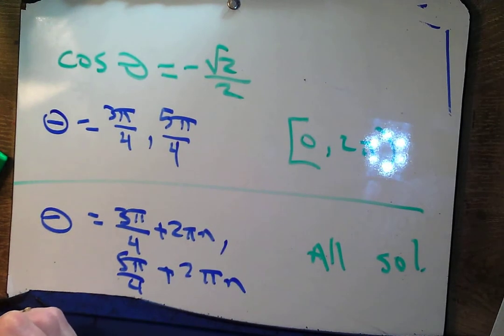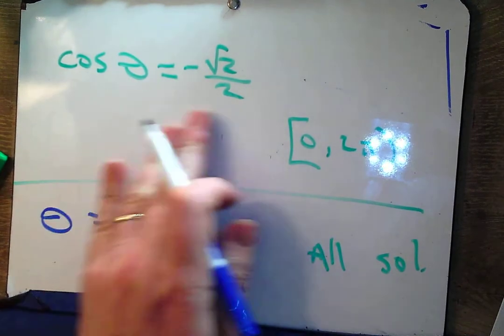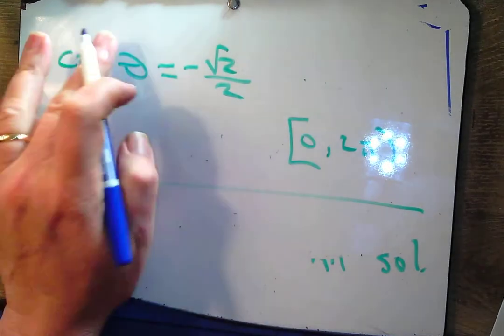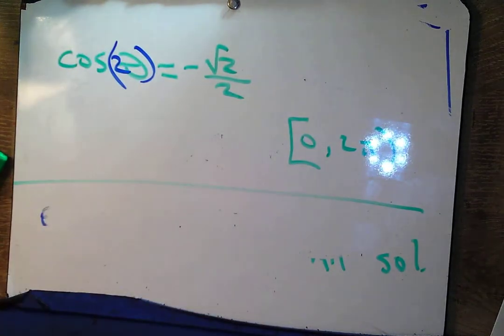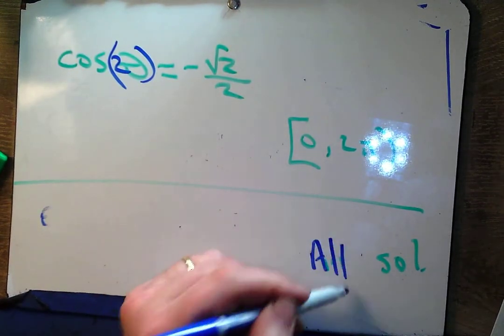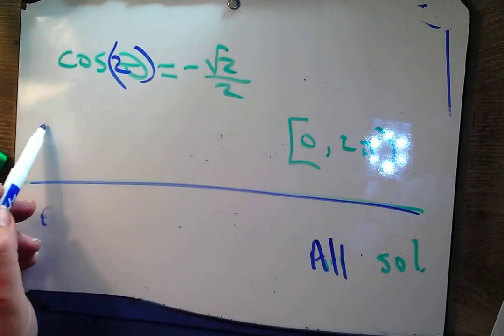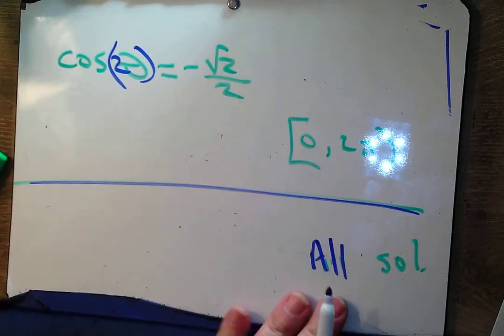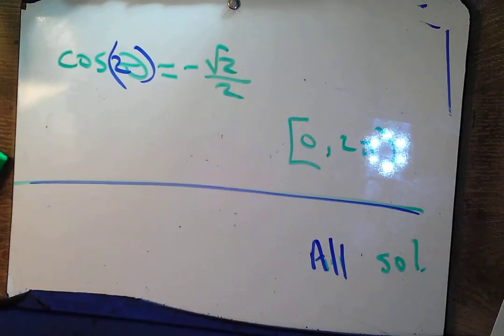And I'm all good and done. Okay? But, because we knew this wasn't the stopping place, what if I have 2 theta? So, will you please show me the 0 to 2 pi solutions, as well as the all solutions for cosine 2 theta? Pause the video now and go through that, please.